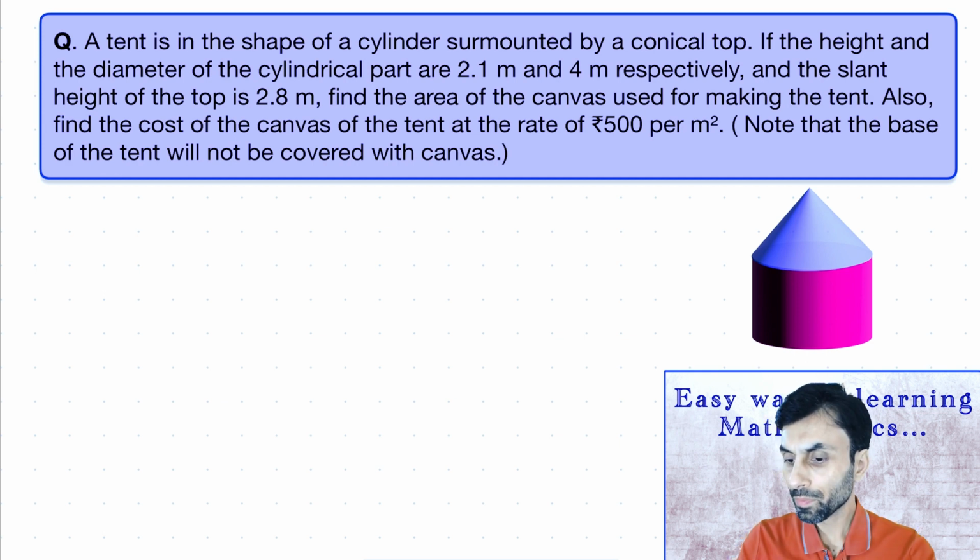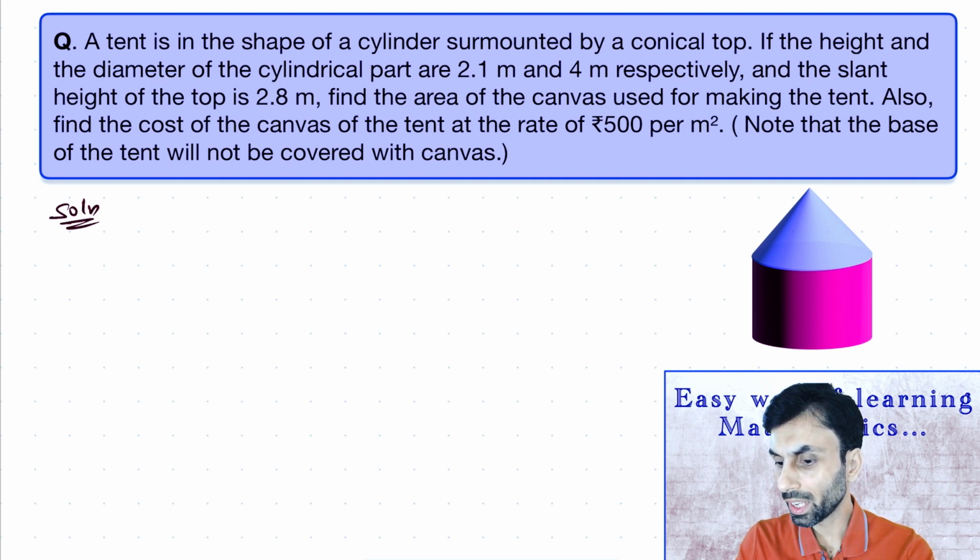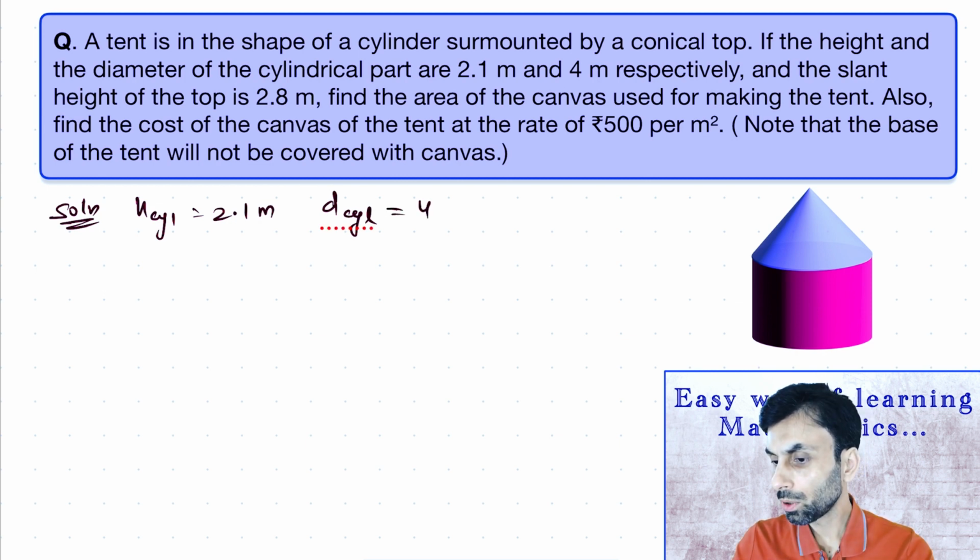So here the given values are, height of cylindrical part is equal to 2.1 meter, and the diameter of cylindrical part, if you say D cyl, which means diameter of cylinder, is 4 meter. Therefore, the radius of it will become 2 meter.